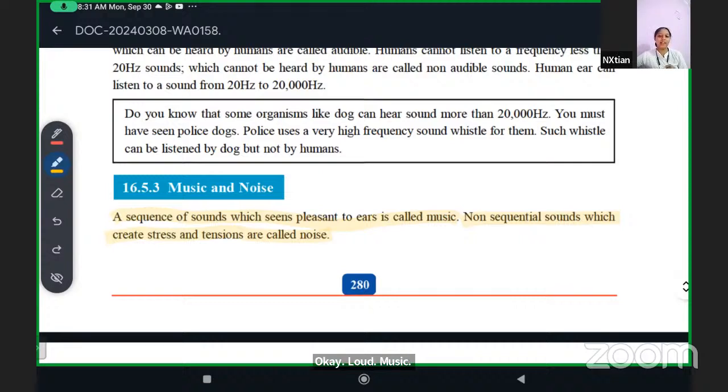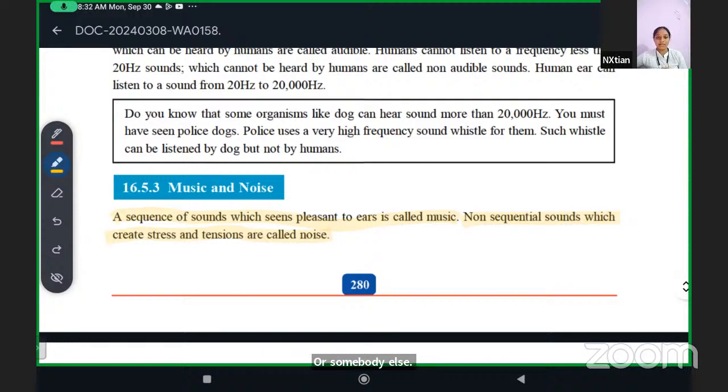For them, that is music. To those of us who don't like hearing very loud things, it is noise. So music and noise can be different for different people. It depends. What is music to me might be noise to somebody else.